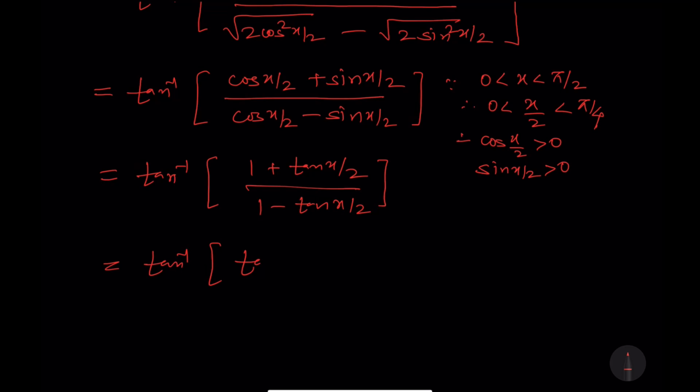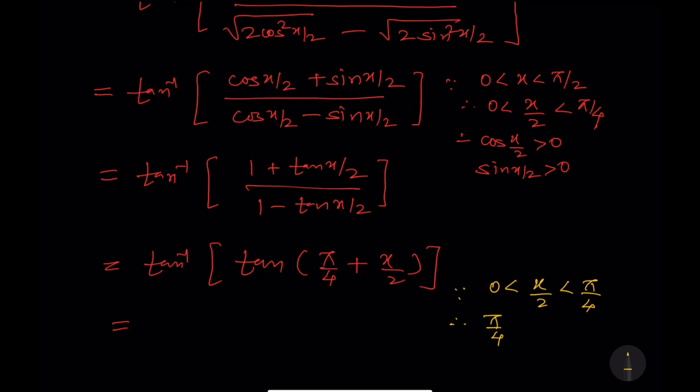That is equal to tan inverse of tan, here it will be (pi by 4 plus x by 2), which is equal to, now check whether it satisfies the condition. Now we know that since 0 less than x by 2 less than pi by 4, adding pi by 4 what we get?